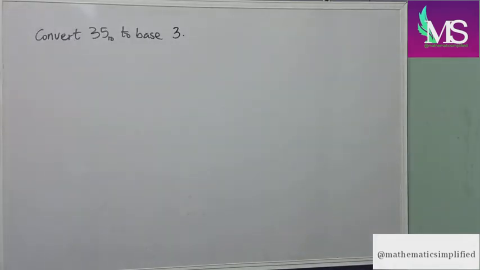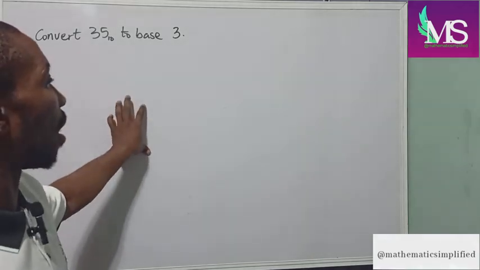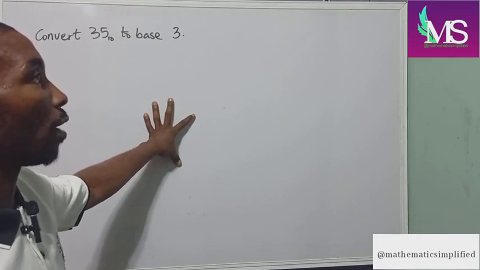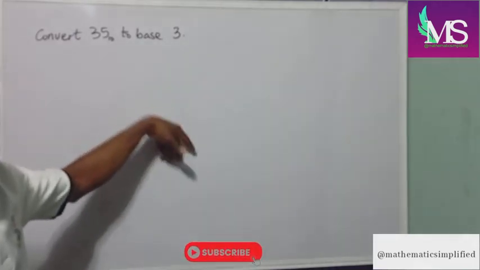Our next question says, convert 35 base 10 to base 3. Now, it is important to state that the first two examples we saw are the expansion method. Okay, we expanded our numbers to convert to base 10.